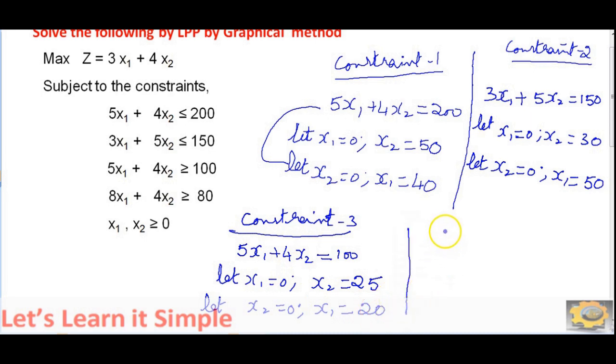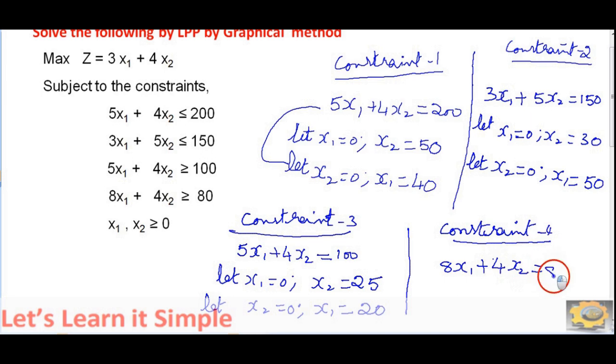The last and fourth constraint: we equate straight away the LHS and RHS, 8x1 plus 4x2 equals 80. In the same way, if x1 is 0, I will get x2 as 20.